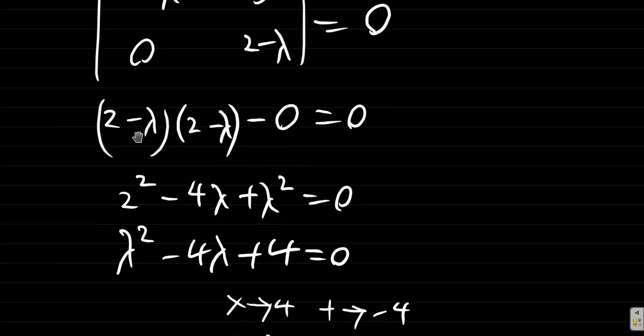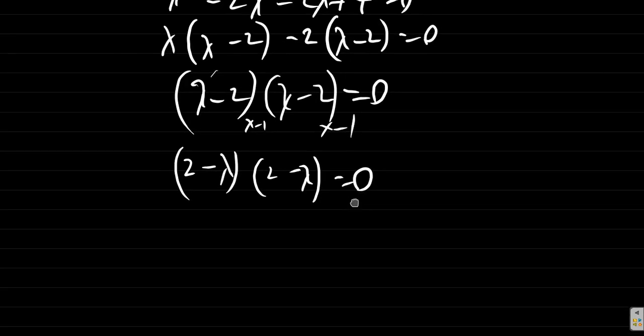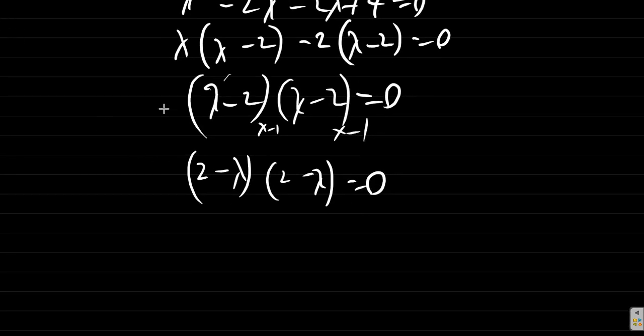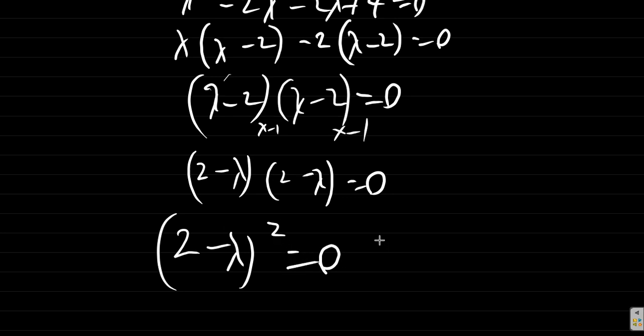It's just that I had multiplied it out, then realized that it would be easier if I had just said 2 minus lambda all squared equals 0. But anyway, here, if you do that, 2 minus lambda squared equals 0. Same thing as lambda minus 2 squared equals 0.